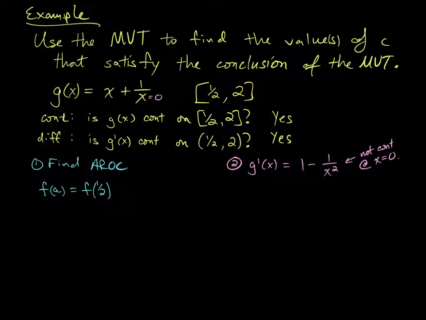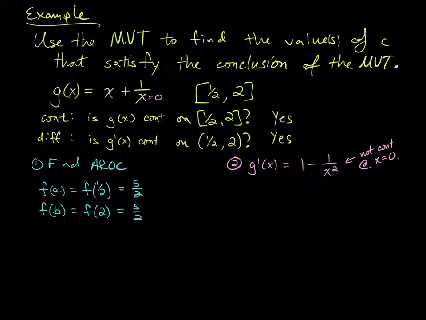If you substitute 1/2 into these x's, you end up with 5/2, or 2.5. I generally like to use fractions for these. Then f of b equals f of 2, which is also 5/2.